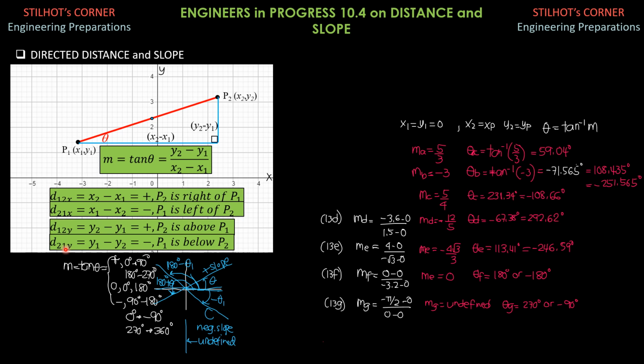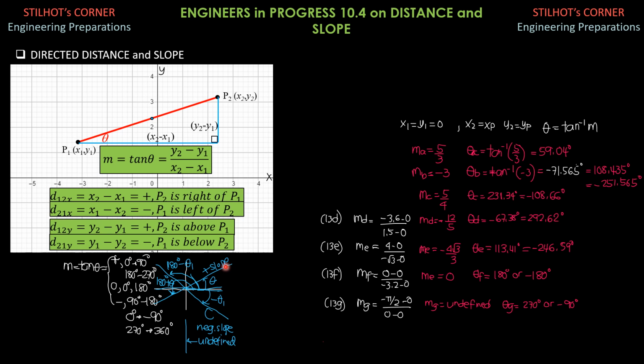It is the y coordinate of the terminal point, which is y1, minus the y coordinate of the initial point, which is y2 in this case. So y1 minus y2 is expected to be negative, and another reason is P1 is below P2. So the slope, which is the tangent of the angle theta, would be positive if the angle is between, remember, the reference is the positive x-axis.